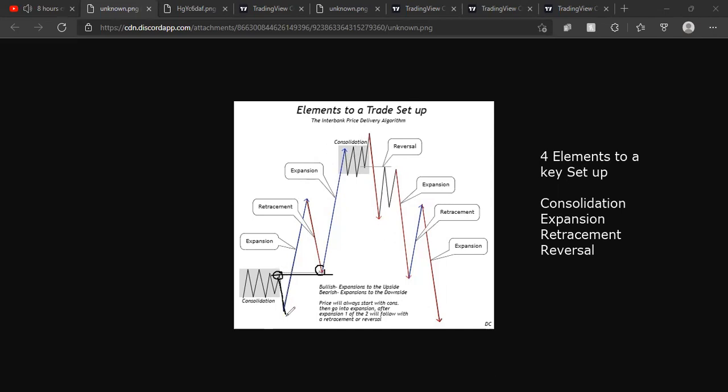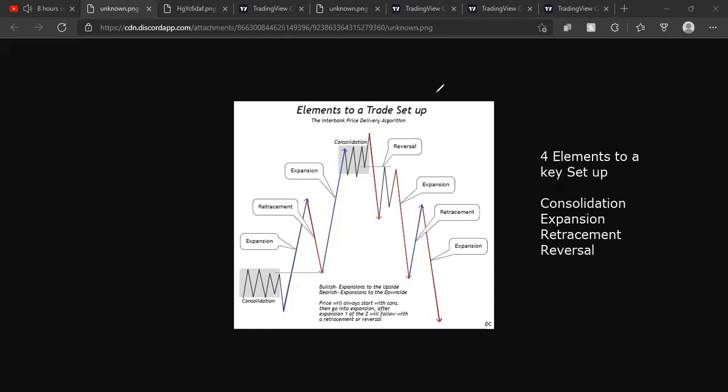The last area of selling, if you were looking for a buy in particular, before that huge expansion to the upside, that huge break of structure to the upside.